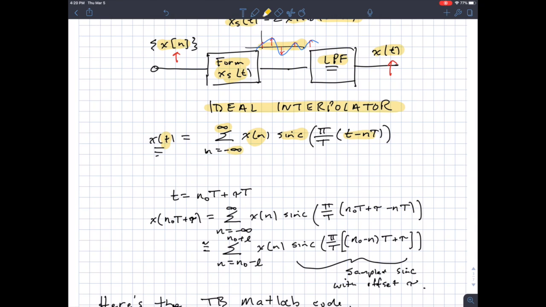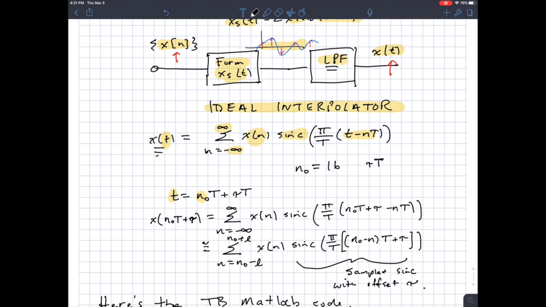So it turns out that there's problems with an infinite sum, but we can approximate that. If we are just looking at a certain value of t, for example, let's say that the value of t looks like the following. We take t to be a certain n naught value. I've talked about an example here where I was looking at 16. Let's say n naught is 16, and then we want to know the fraction of a sample.